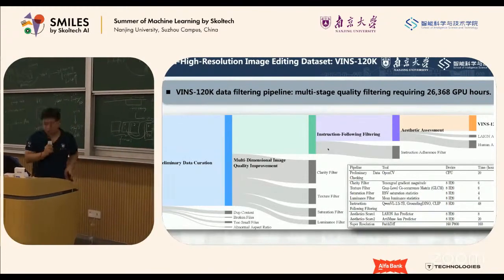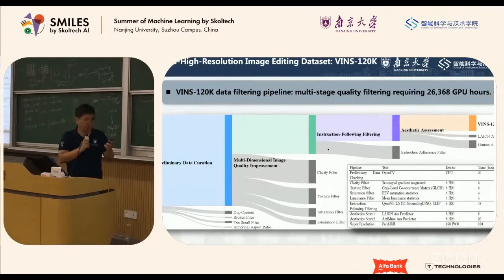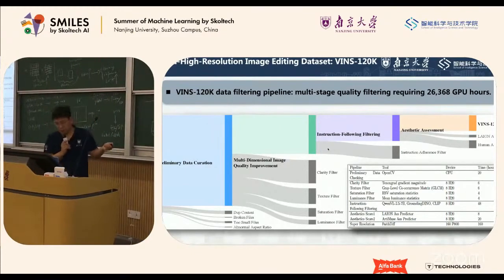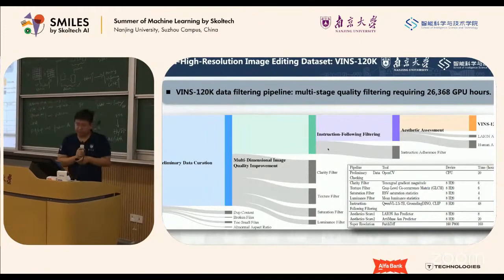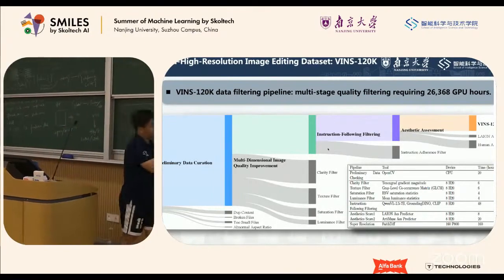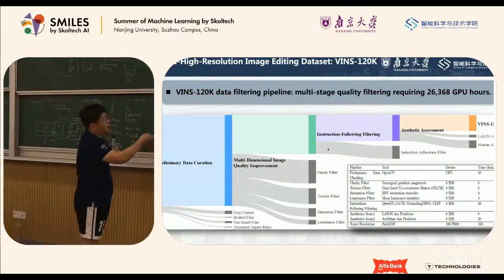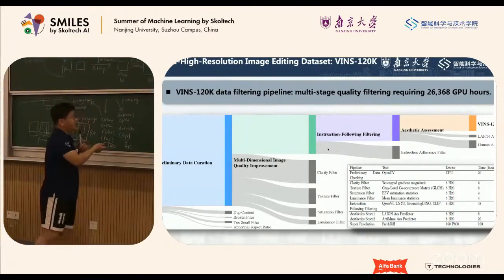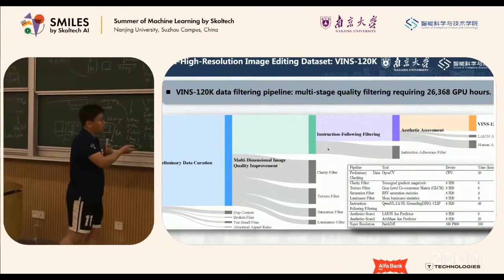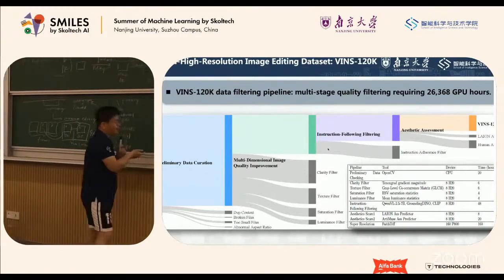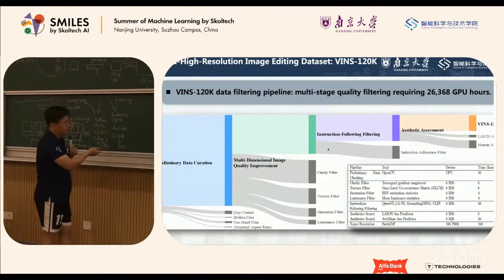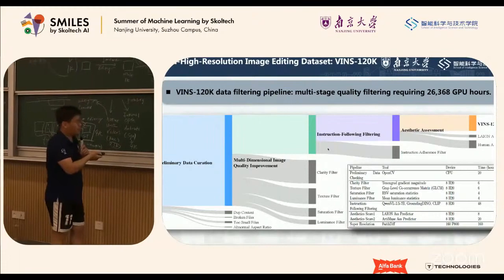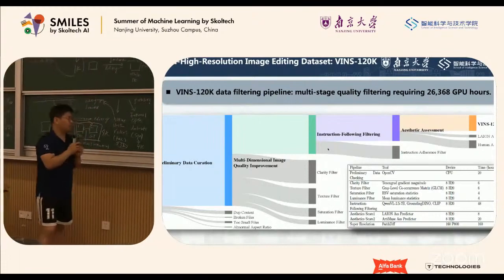Actually we have a multi-stage filtering pipeline to evaluate the image quality, the instruction consistency, and the editing effectiveness. And here are the details for the different stages. For example, in the stage of data curation, we filter the data that have duplicate content, broken files, too small files, abnormal aspect ratio.